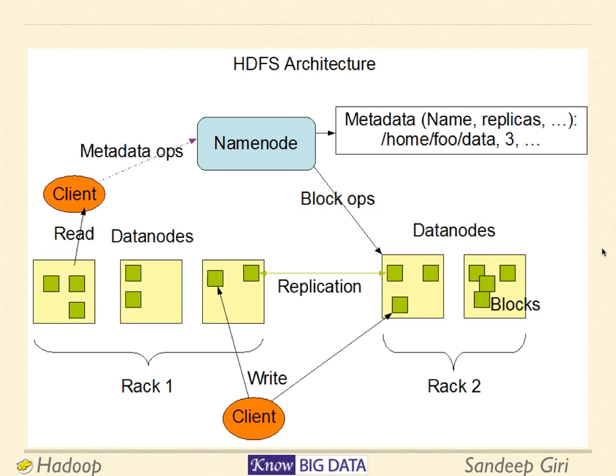So in general, three is considered good enough. That's a general industry practice because all three nodes will not get lost.